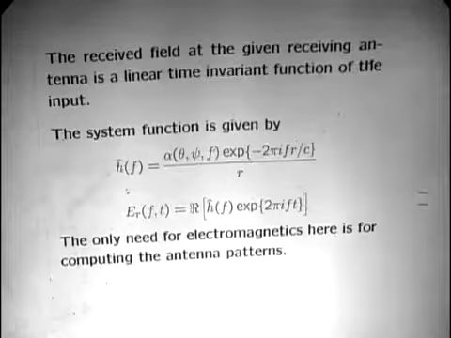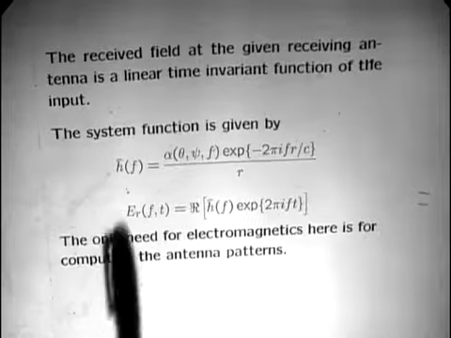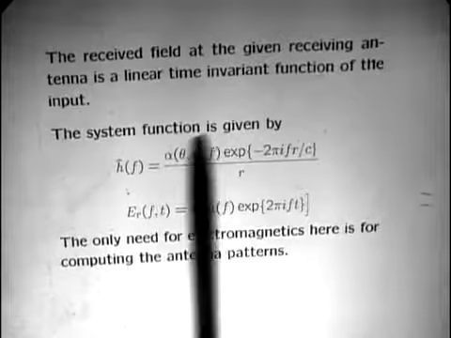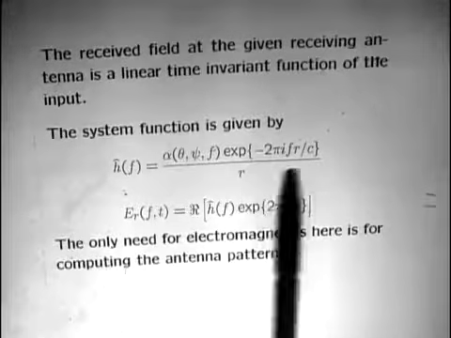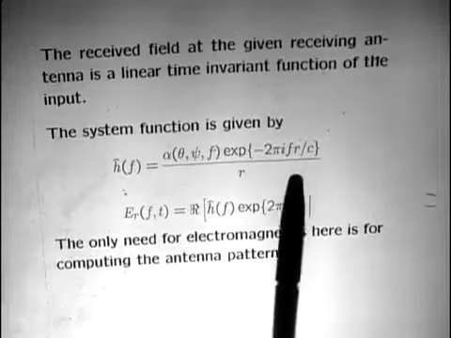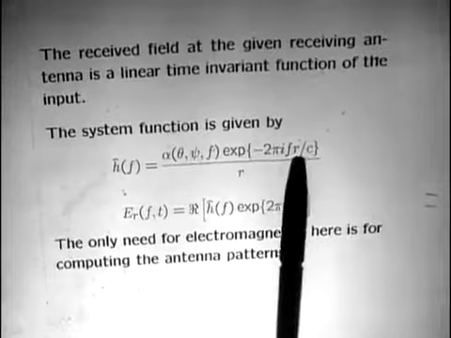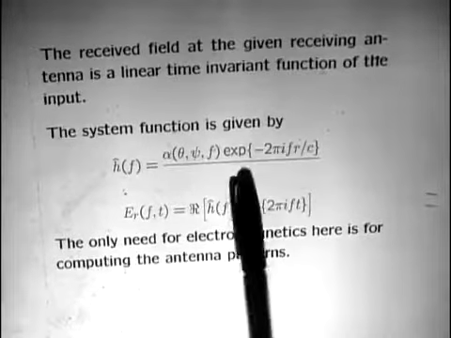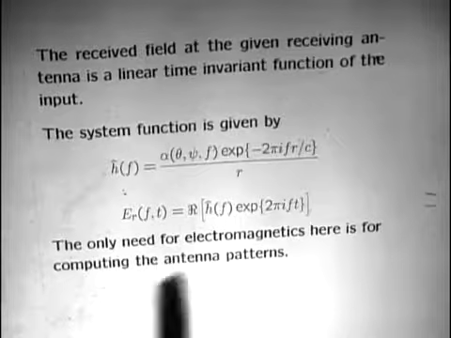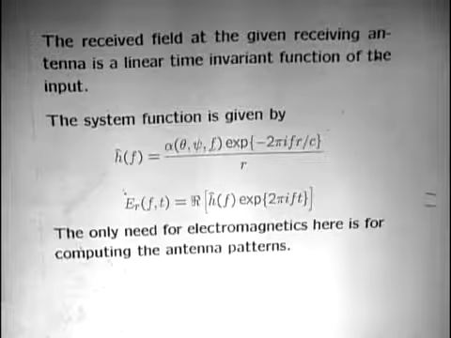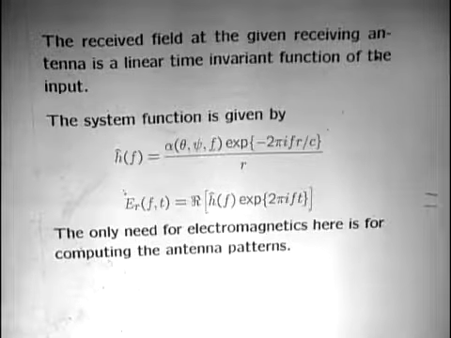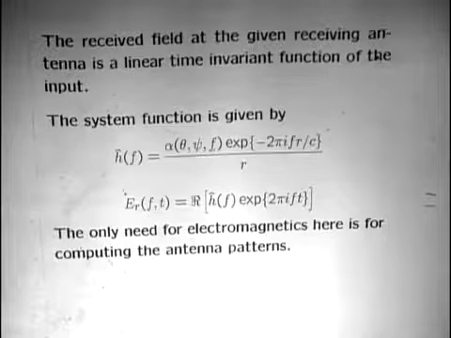We were assuming that we transmitted cosine 2 pi ft. The system function is just this antenna pattern times e to the minus 2 pi i times f times the distance away divided by c, divided by r. Namely, this takes into account the propagation delay. The only thing it doesn't take into account is what the input is.